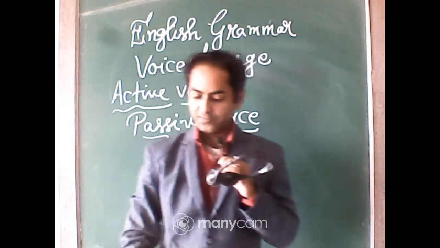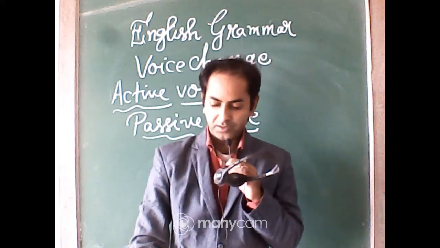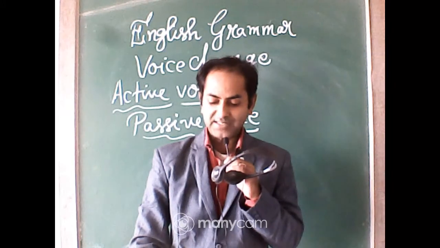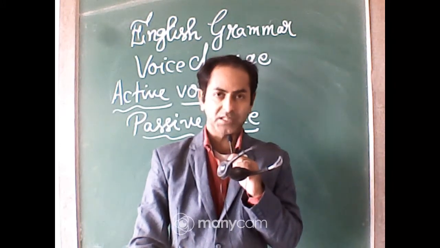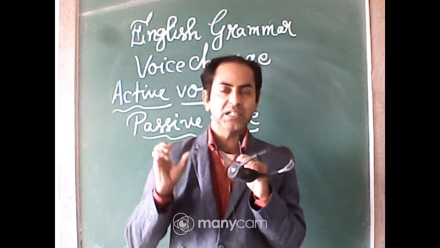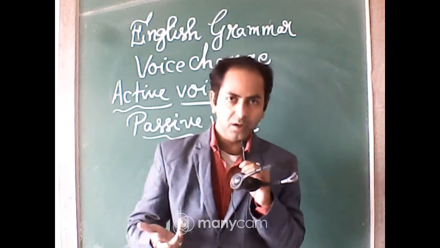Active and passive voice. Voice is that form of the verb which indicates whether the subject is the doer of the action or something is being done to it. So the voice makes it clear whether the subject is the performer of the deed.